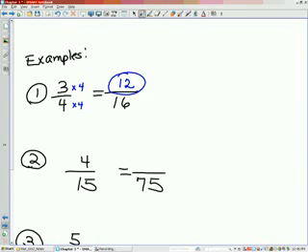And so my desired numerator is 12. 15 goes into 75 5 times. If you multiply the bottom, you must multiply the top. 4 times 5 is 20. And so 4/15 is also known as 20 over 75.